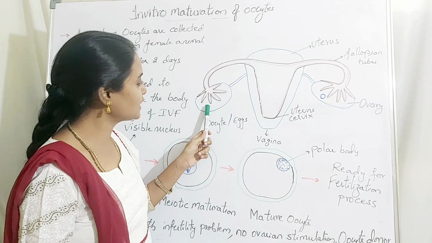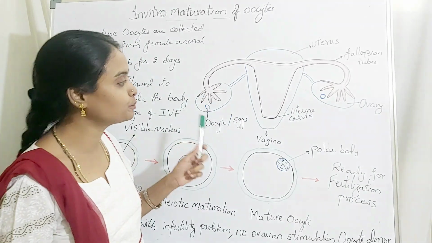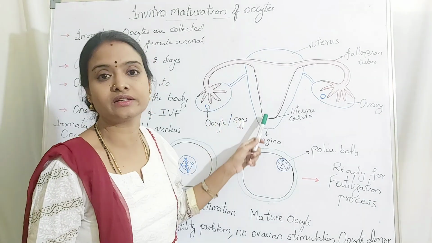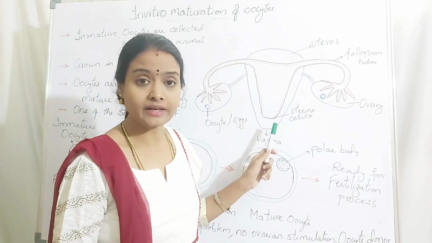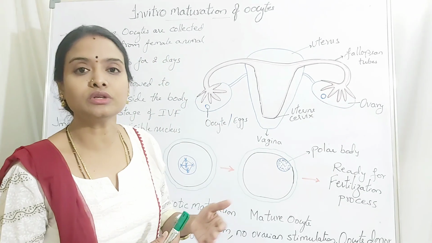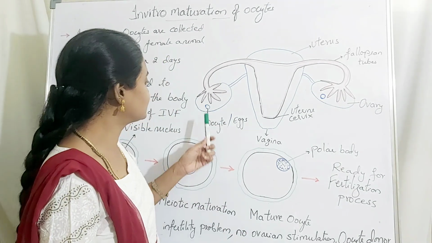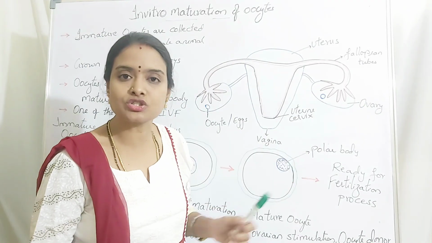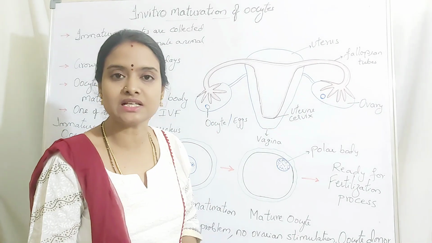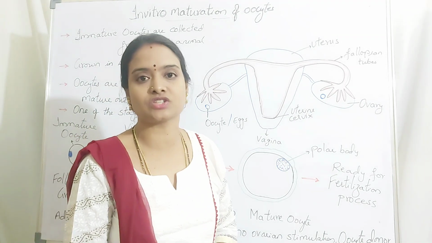With the help of the scanning probe and the aspiration needle, you collect this oocyte in the collection tube, right? Once you collect that oocyte, you need to grow it because these oocytes are immature oocytes. When you fertilize these oocytes with sperm cells, they will not undergo fertilization, right?